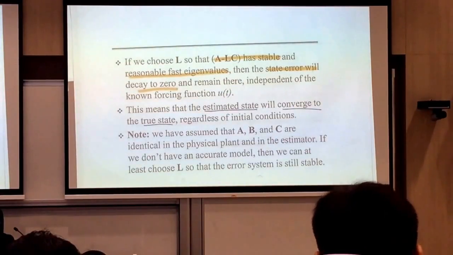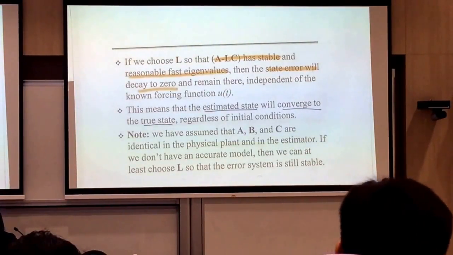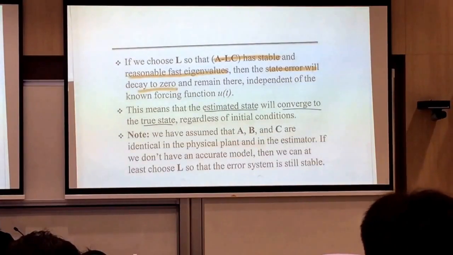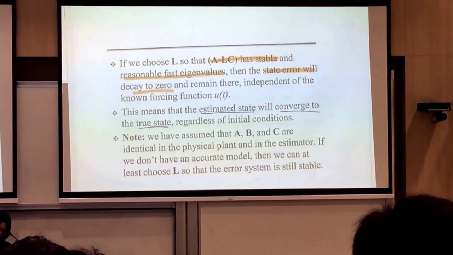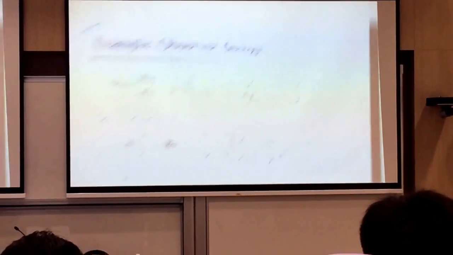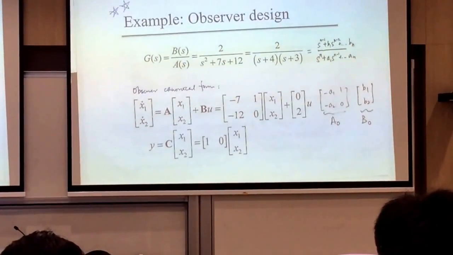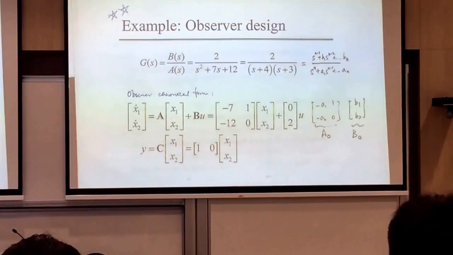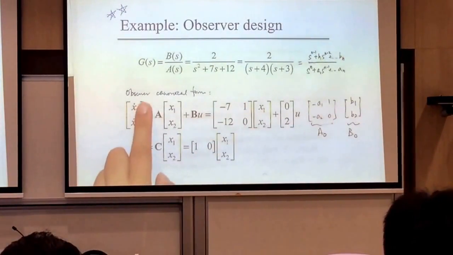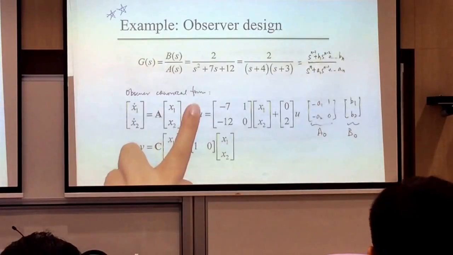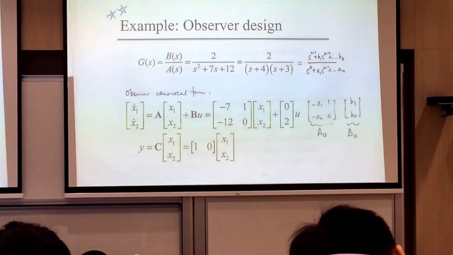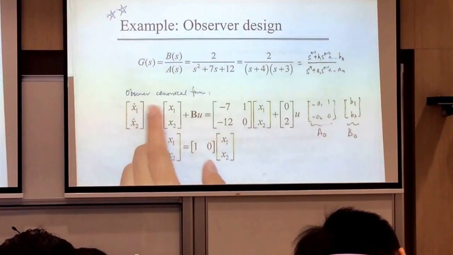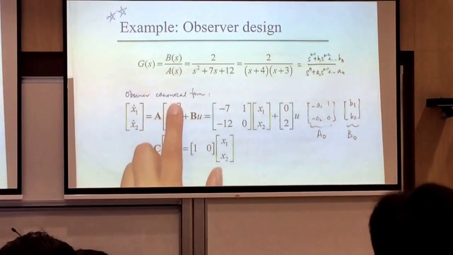Alright, so let's move on to one last part, which is observer design. Okay, an example. Same example. For this same example, now you write it in observer canonical form, instead of controller canonical form.